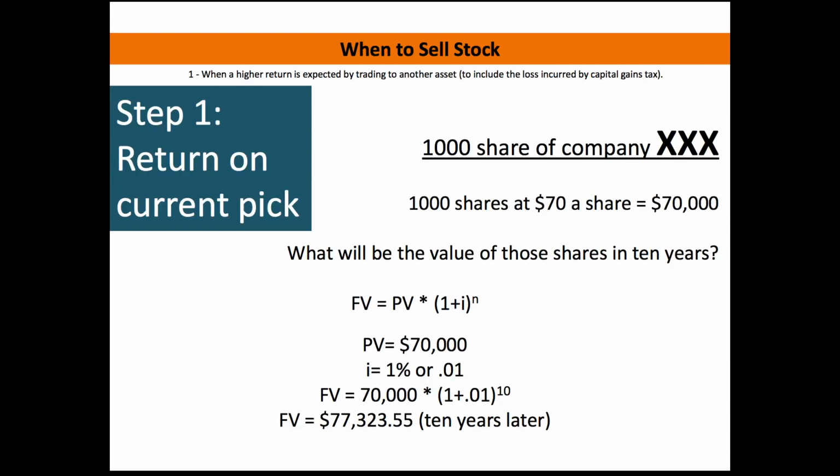Our i, or interest rate, is going to grow 1% annually, and we're going to do it over the next 10 years. So we're going to look at what the value of these shares would be in the year 2022. When we do that math problem, make sure you do your exponent first. We come up with $77,323.55. So that's what that investment's going to grow into if we just continue to hold company XXX.